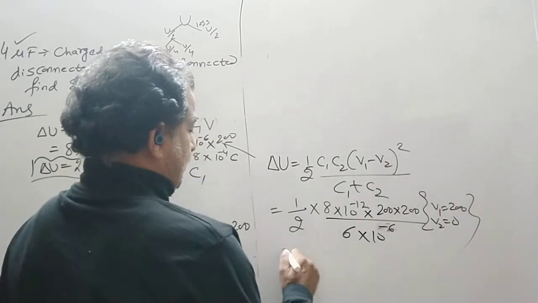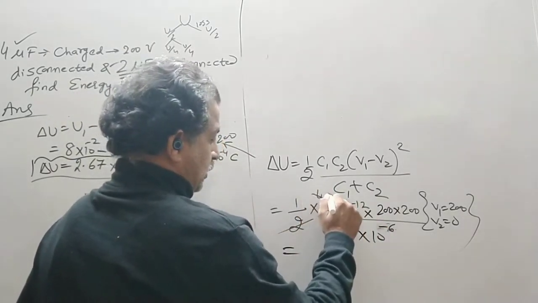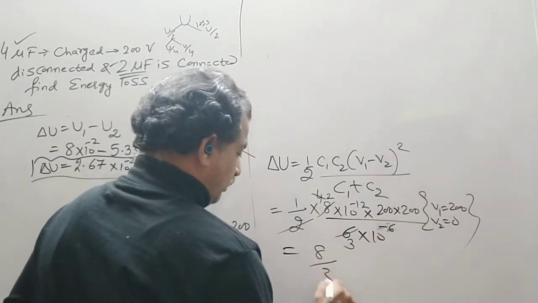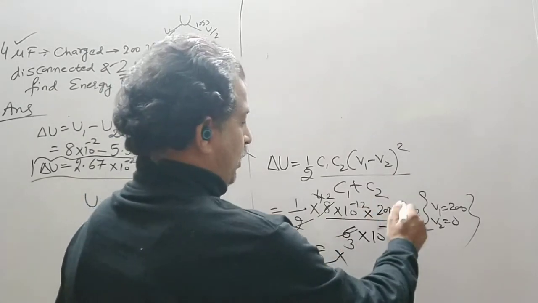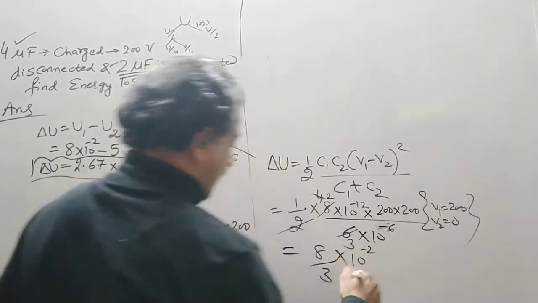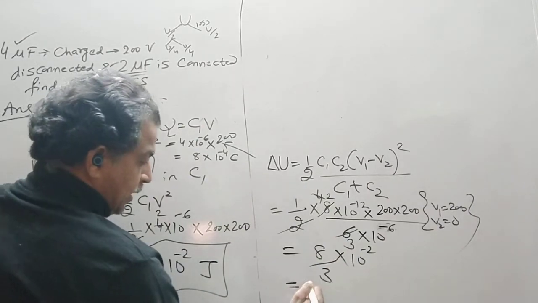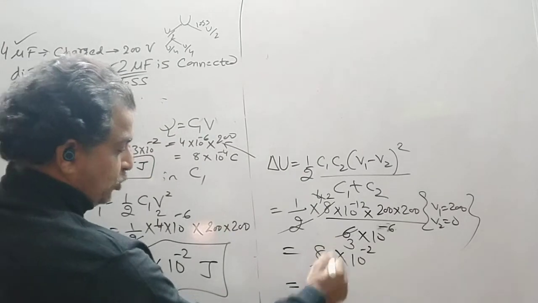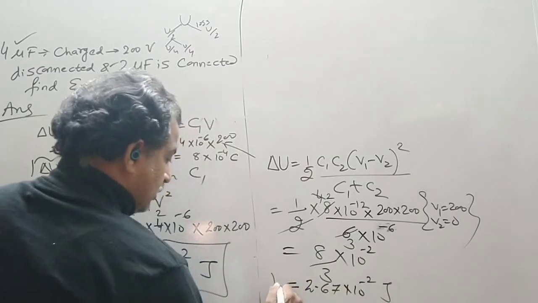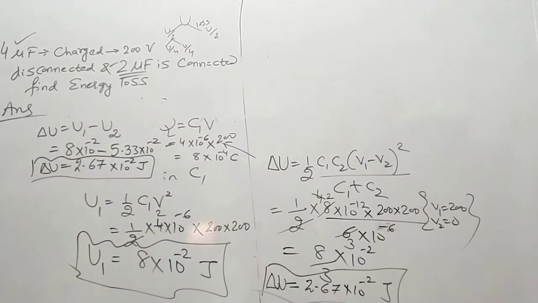You calculate this, and it comes out to be 8 by 3 into 10 raised to minus 2, that is approximately 2.7. So directly delta U comes out to be 2.7 into 10 raised to minus 2 joule.